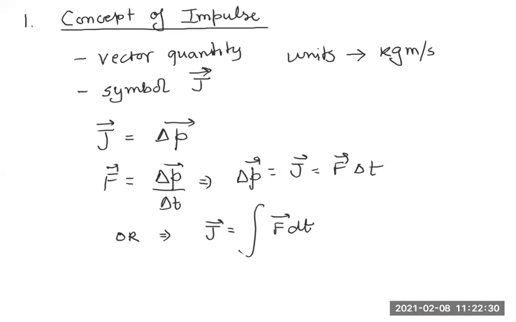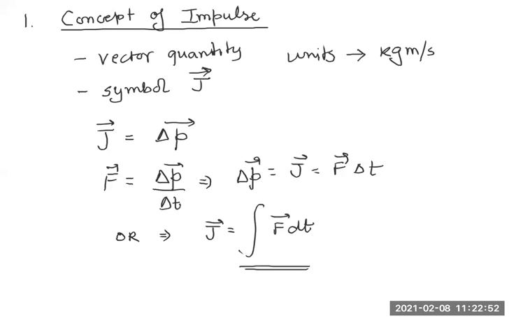But wait a minute, we know what integration means, right? So what is the physical interpretation of integration? Do you remember? What is the physical interpretation of integration? Can anyone tell me? Yes, very good, Satyam. It is area under the curve. Yes, exactly. Very good.